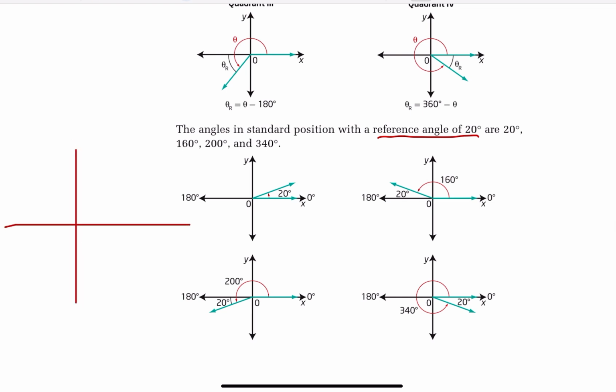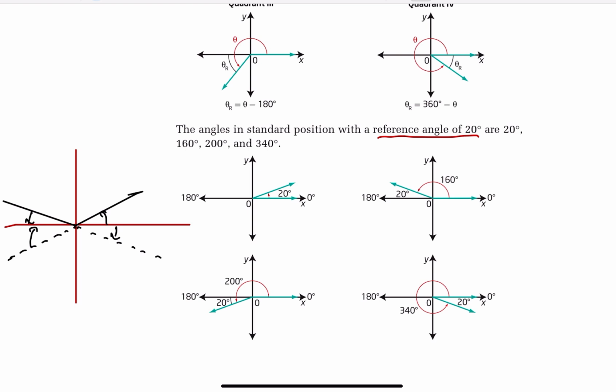The first position is like this. The second position is like this. My first angle is this one. The same angle can be represented here, also here, and also here.